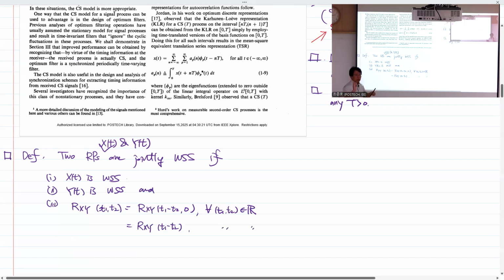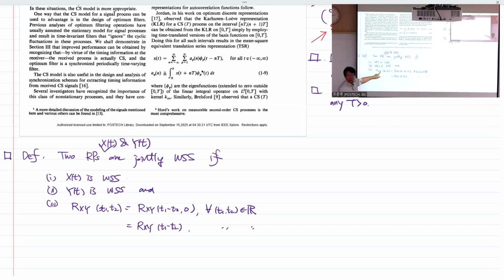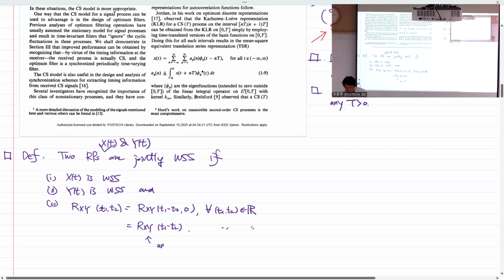And here be careful. Almost every textbook on wide sense stationarity is well written, but overestimates students' capability. Here, this function, r sub xy, is a two-variable function. And this one and that one are the same functions. However, this one has a single argument. So actually, this function is a different function. So it's an abuse of notation.